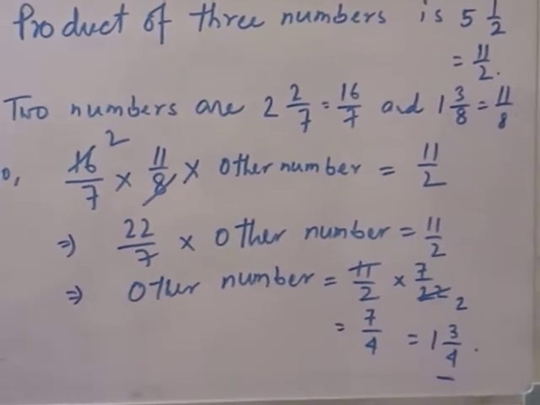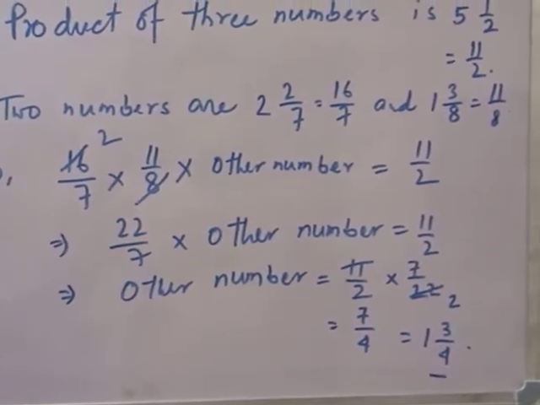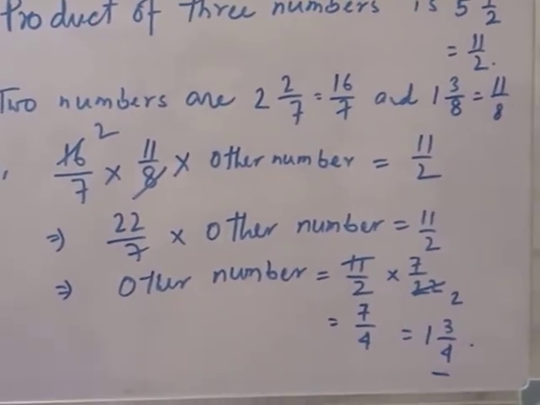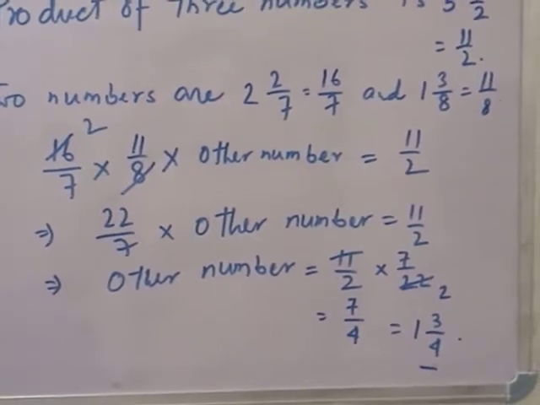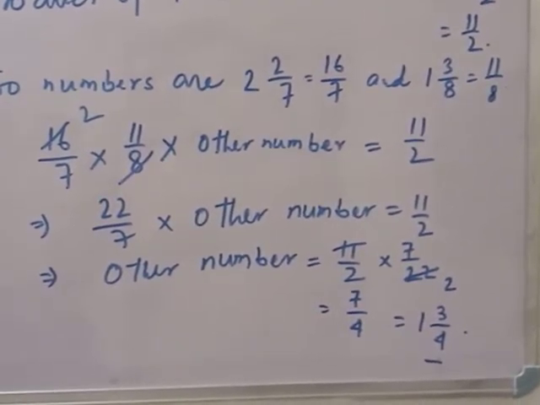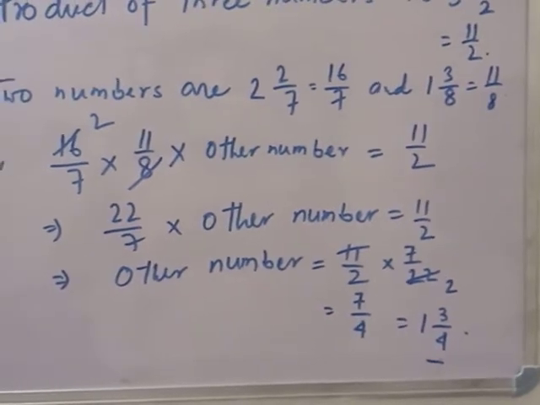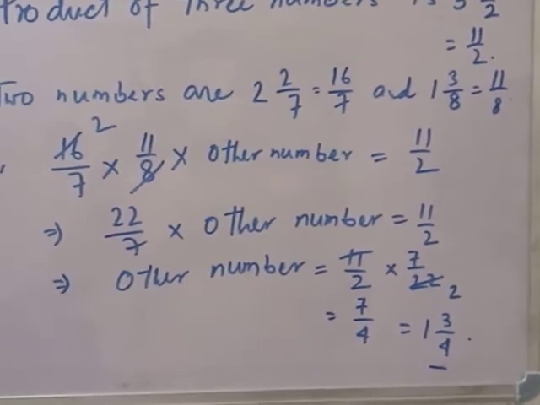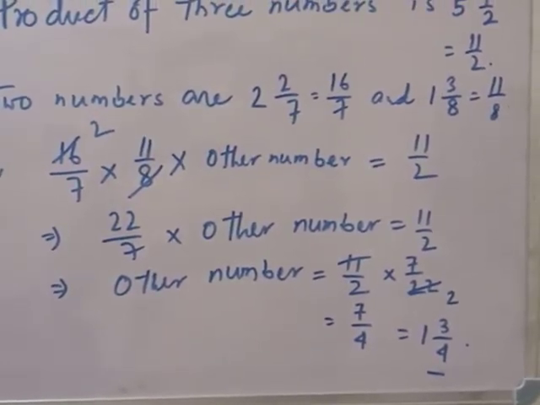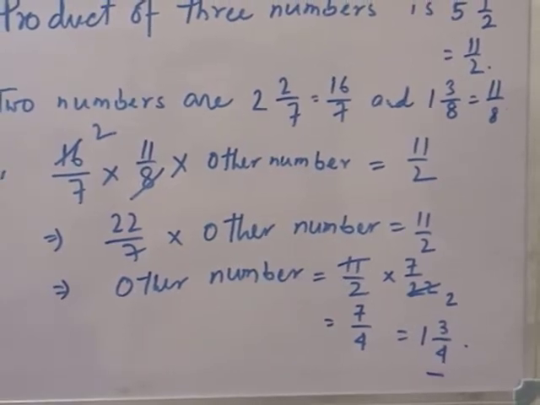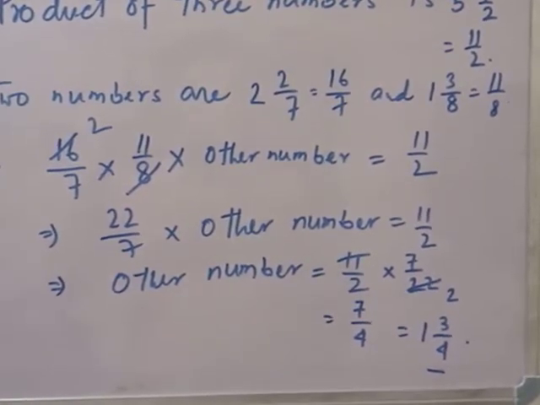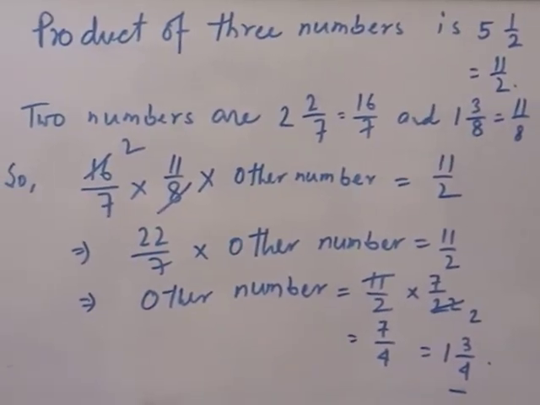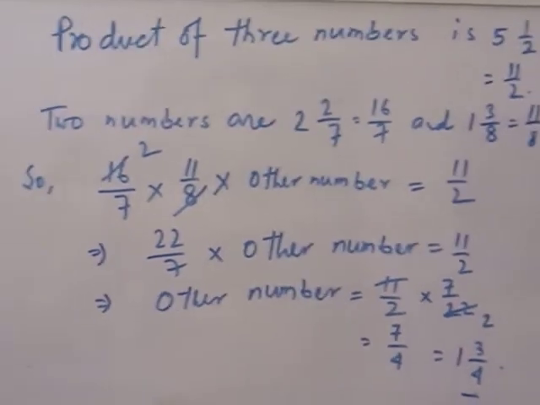So if we cancel out, we get 22 by 7 into the other number equals 11 by 2. So the other number equals 11 by 2 into 7 by 22. As per the division rule, this is the reciprocal. If we cancel 11 and 22, we get 2 and 1. So 7 by 4, that is 1 and 3 by 4. Okay, this is number 8.